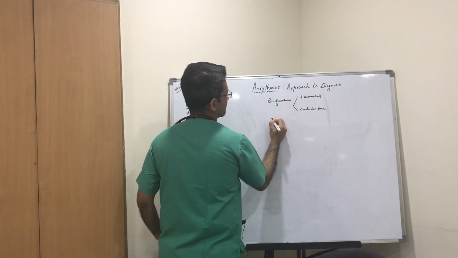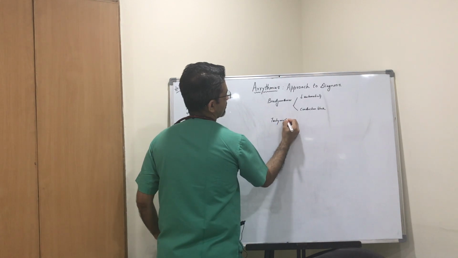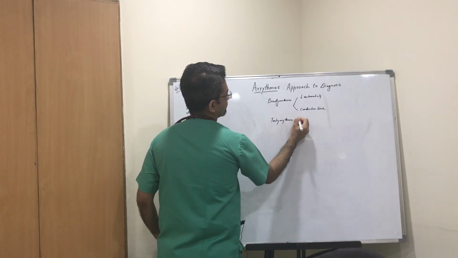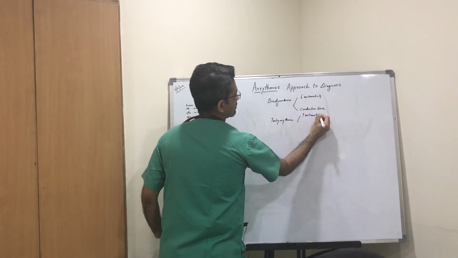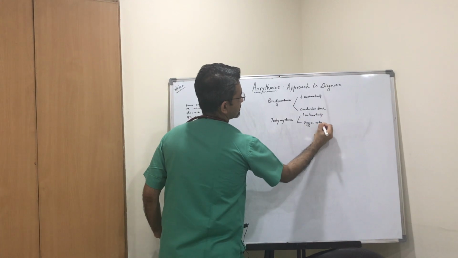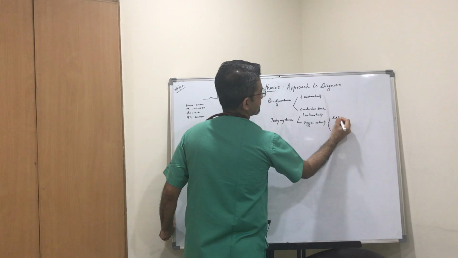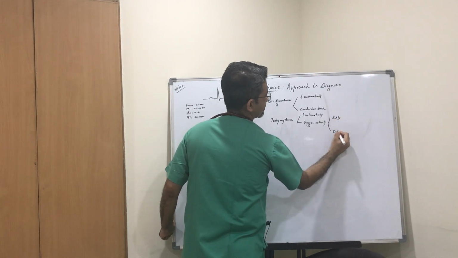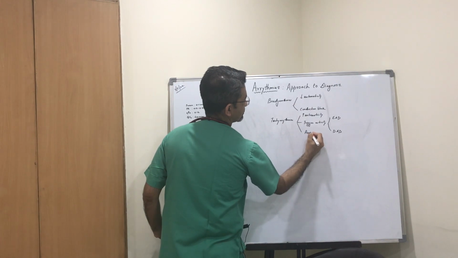And in tachyarrhythmias, we have increased automaticity, trigger activity, which is of two types, early afterdepolarization and delayed afterdepolarization, and lastly re-entrant circuits.